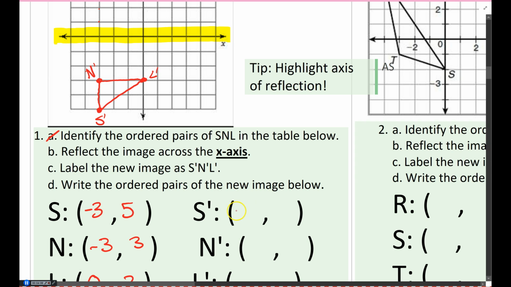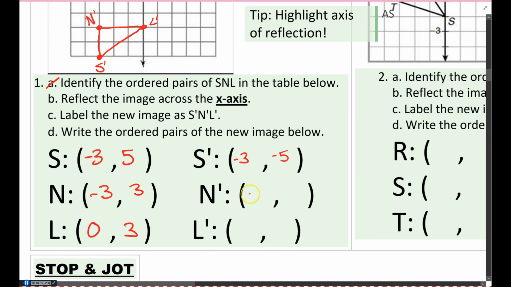And if I label these points, I get -3, -5. I get -3, -3. And I get 0, -3. So I've reflected, I've labeled, and I've written the ordered pairs.